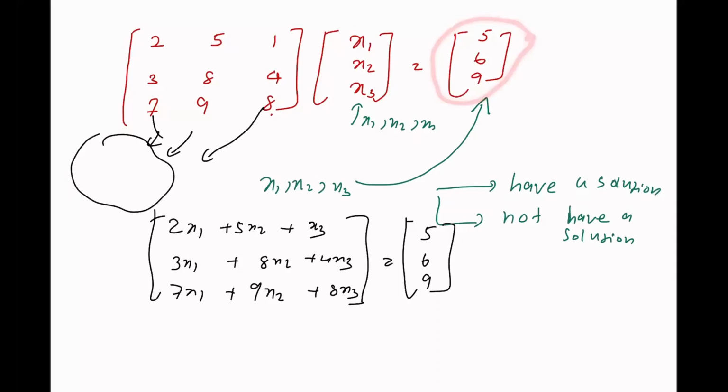It means you have no solution. So in a linear system, whether we have a solution or not depends on whether the right hand side of our equation is inside our column space or not. Okay, did you get my point?